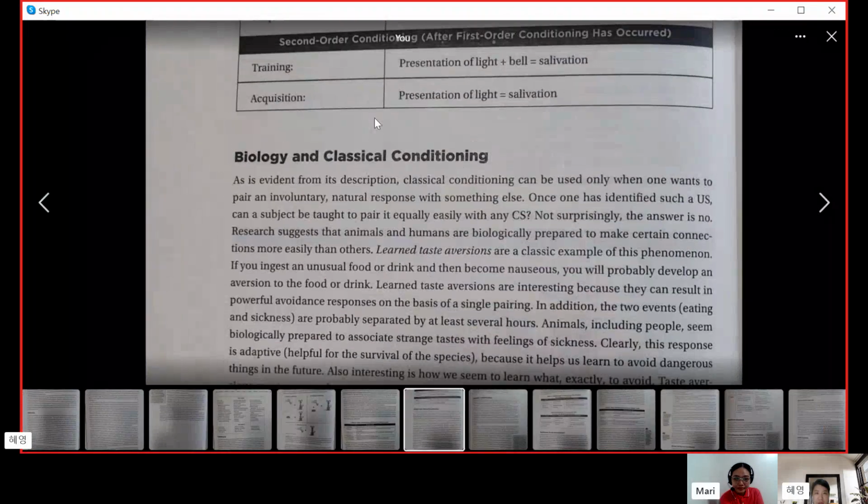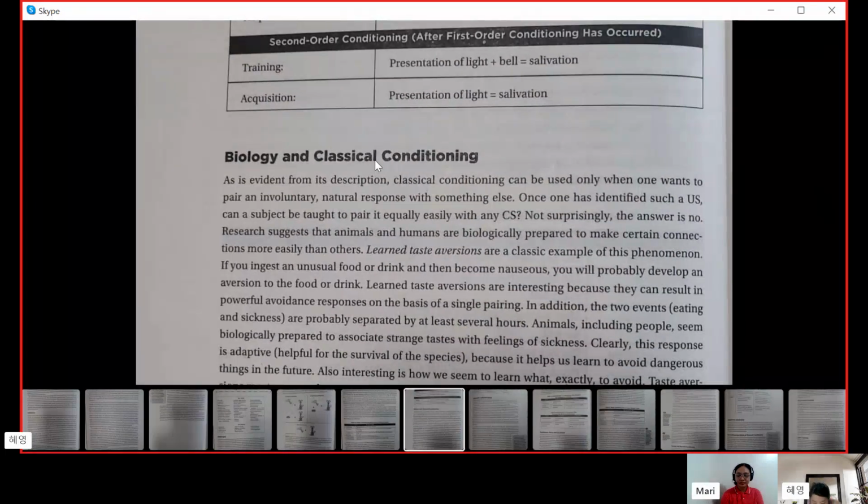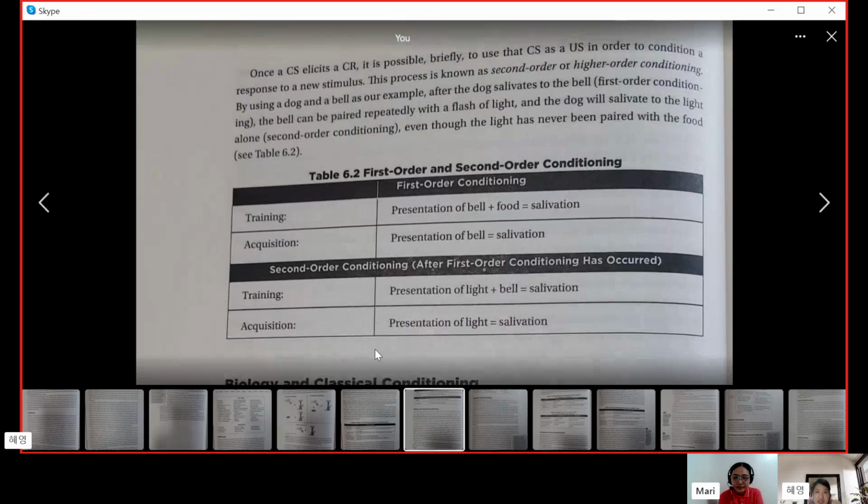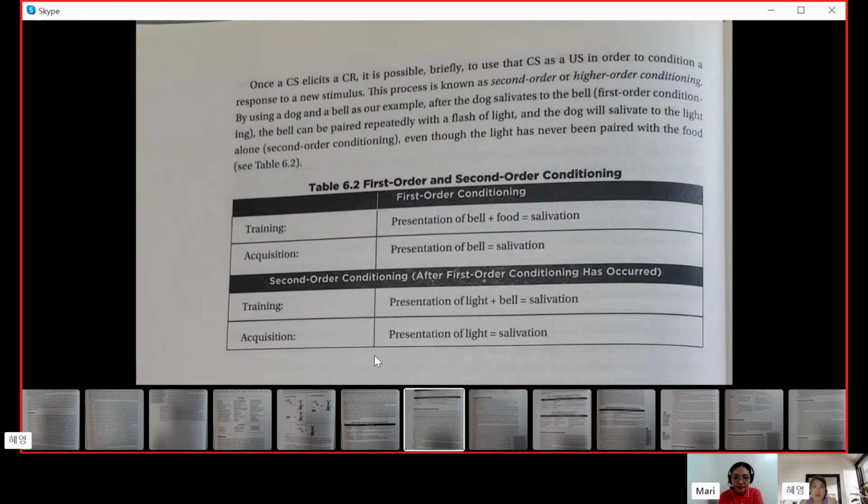Yesterday, we learned some basic conditioning and Pavlov's experiment. And today, let's review a little bit more.